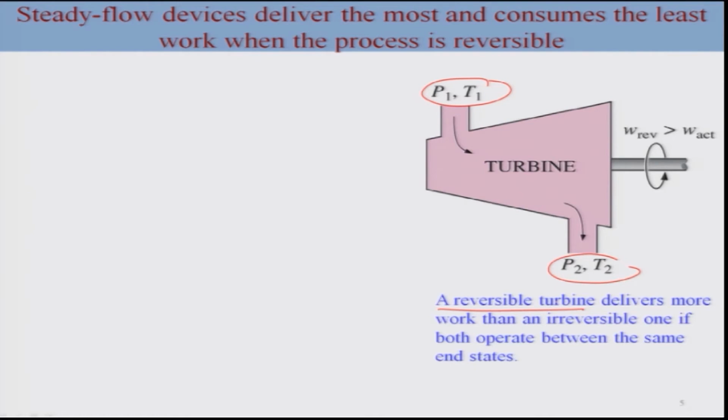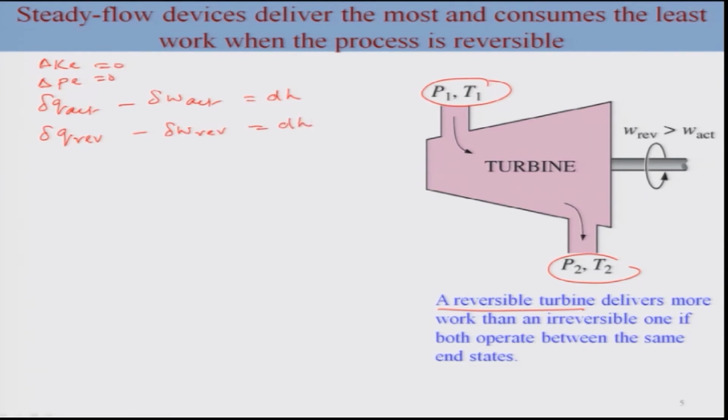So let us take a simple analysis of the energy balance. We will consider the changes in KE and PE to be 0. Start with the basic energy balance here. That means for the steady flow devices, this is going to be del W actual is equal to dH, and similarly you can write it for the reversible process here.